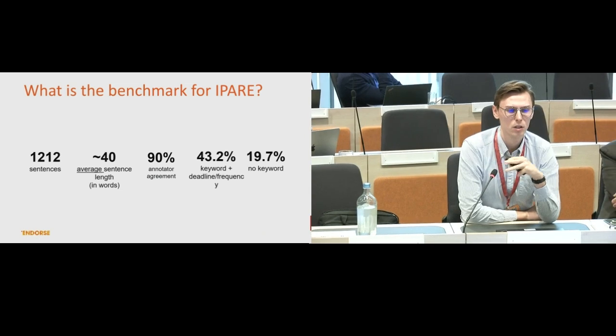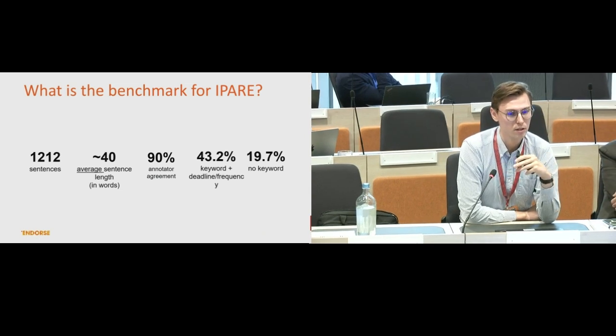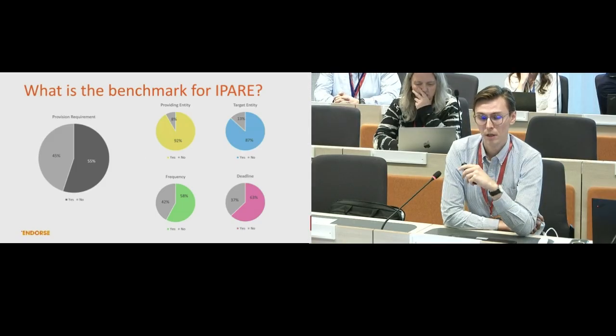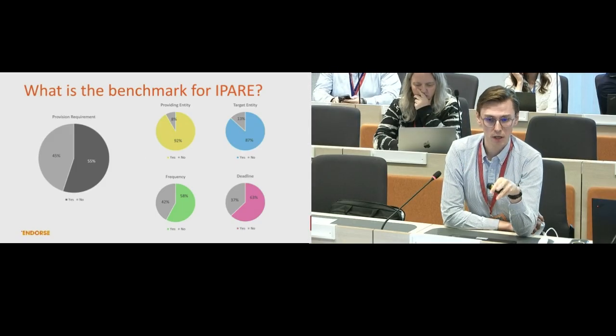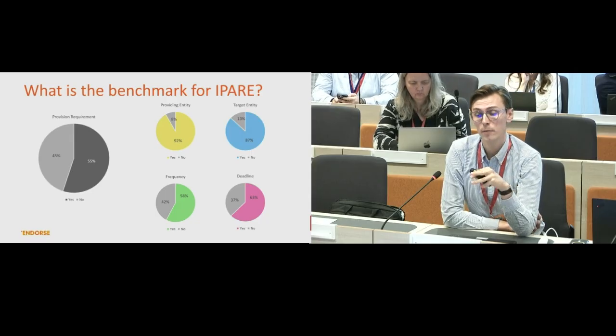Then 43.2% of sentences include a keyword that strongly suggests that there might be an information provision activity and an expression of deadline or frequency. But nearly 20% of those sentences did not include any keyword at all. And if we look at the statistics of the benchmark, 55% are positive sentences that include a mention of information provision activity requirement.